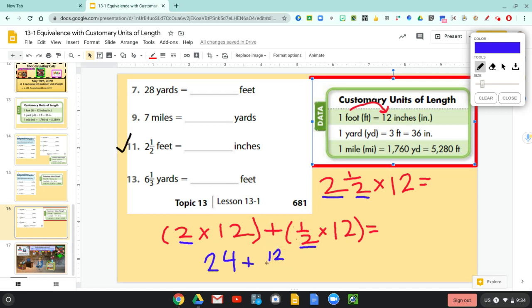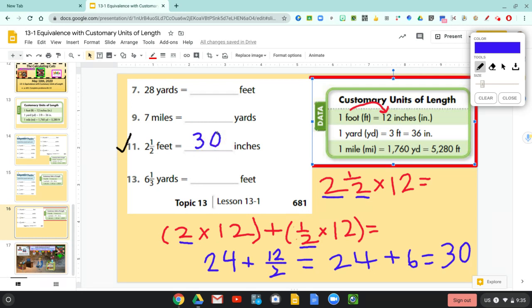And remember, this is the same as 12 divided by 2, which is 6. So this would be the same as 24 plus 6. And 24 plus 6 equals 30. So 2.5 feet equals 30 inches.